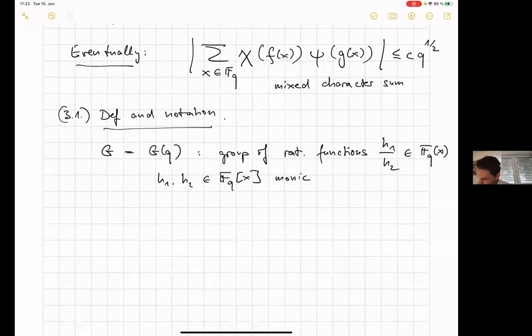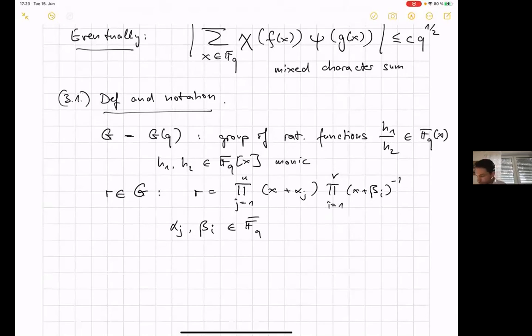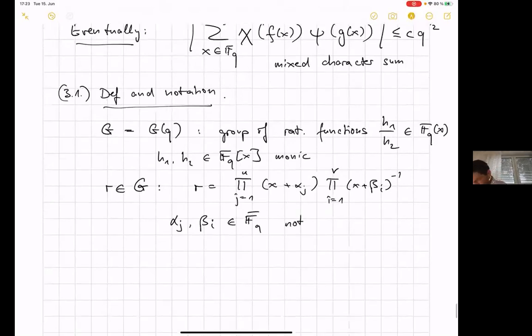If I have a typical element R, a rational function in G, then I write it in canonical factorization as the product of (x plus alpha_j), j from 1 to u, and the product of (x plus beta_i) inverse, i from 1 to v, where the alpha_j and beta_i are in F_q bar. I factorize it in the algebraic closure, and the roots are not necessarily distinct, so I count them with multiplicity.